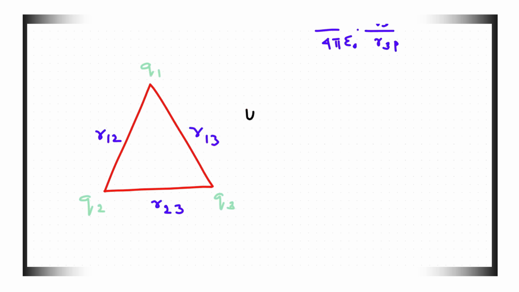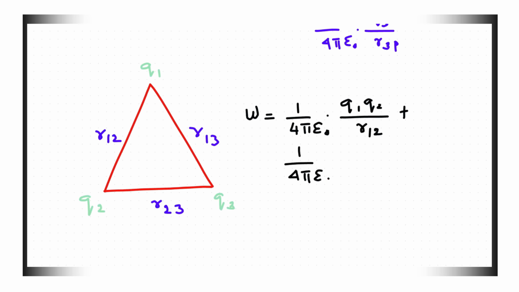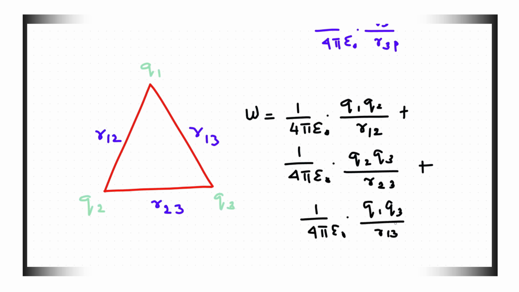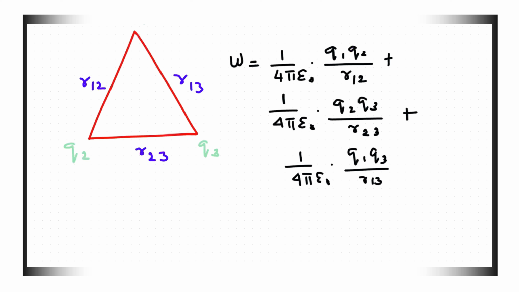So this is equal to 1 by 4 pi epsilon 0 Q1 Q2 divided by R12, plus 1 by 4 pi epsilon 0 Q2 Q3 divided by R23, plus 1 by 4 pi epsilon 0 Q1 Q3 divided by R13. This is the total energy required to associate the charges.